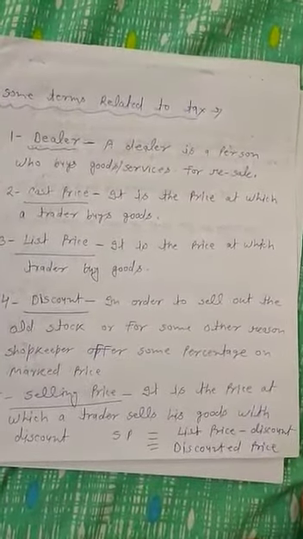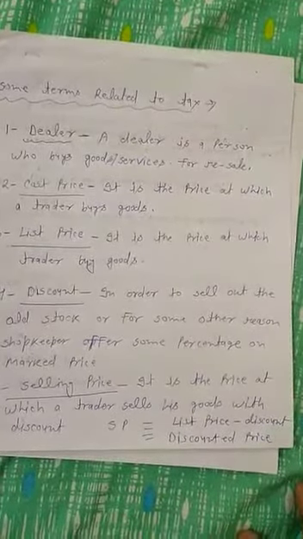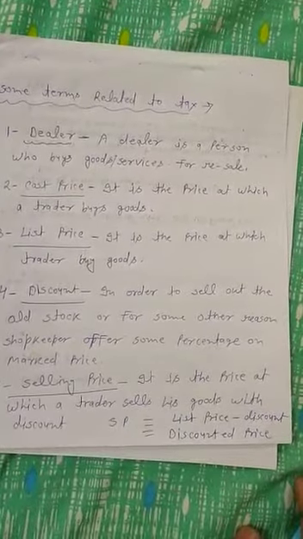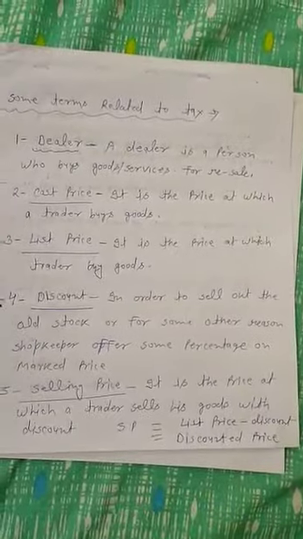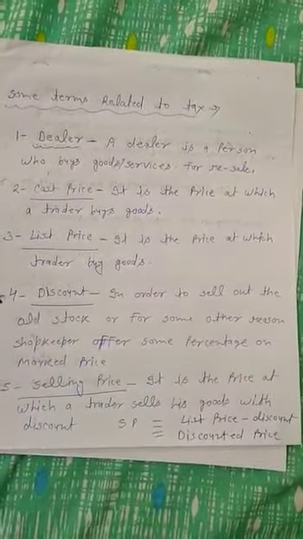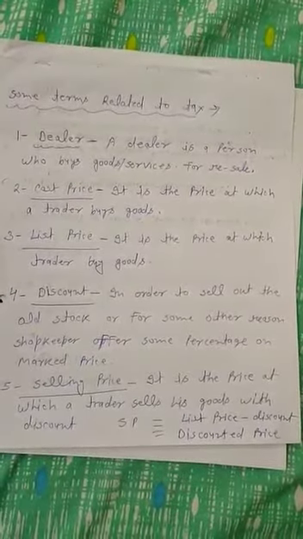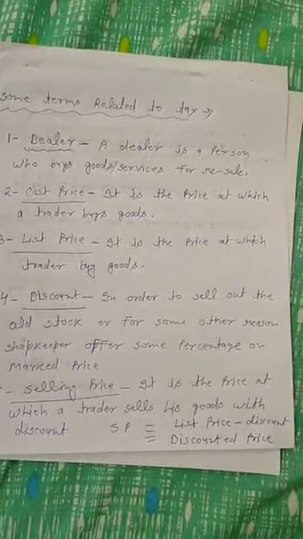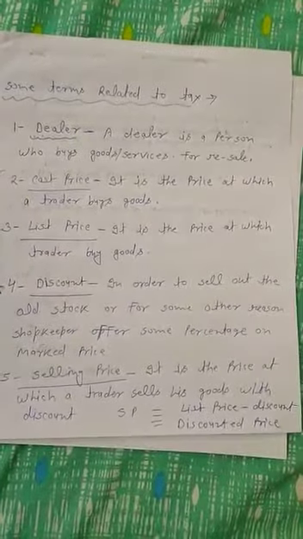If there is no discount, then the selling price equals the mark price. Okay, you can take a screenshot. If you learn these terms, then you can understand the lesson easily. Otherwise, it will not be easily understandable. Okay.